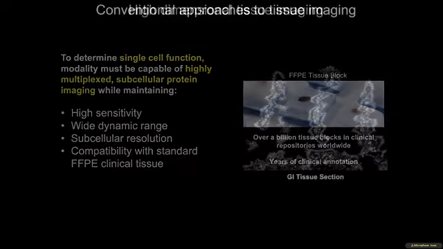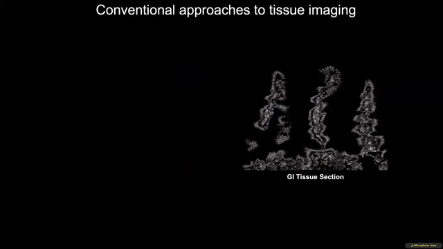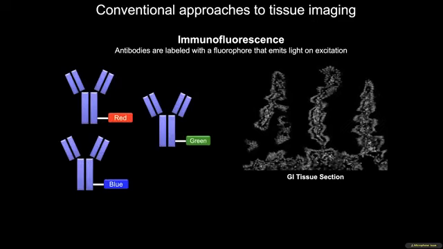So up until the time when we were working on using a mass spectrometry-based approach, the conventional approaches for tissue imaging employ different types of immunofluorescence. Immunofluorescence, in a nutshell, if this is a piece of tissue that you wanted to image and look at the distribution of different proteins, you'd have 3 different antibodies, each specific for the protein that you want to visualize, and each antibody would have a fluorophore tag.